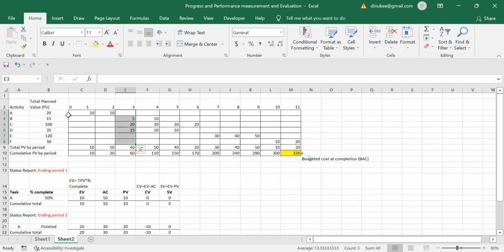Now this 20 for activity A, we took in the second period as 20. You have to take the summation of these two at the end of period 2, and that summation will continue at the end of each and every period, right? That means at the end of period 3, the planned value for activity A is how much?